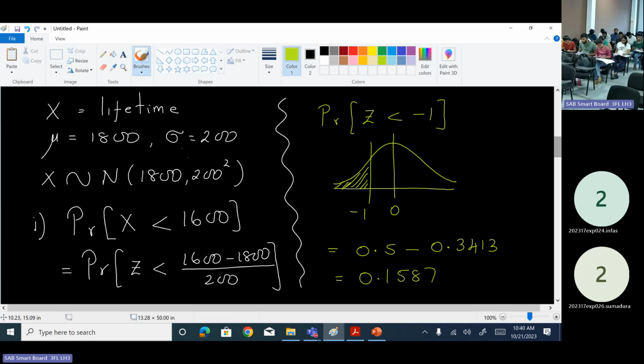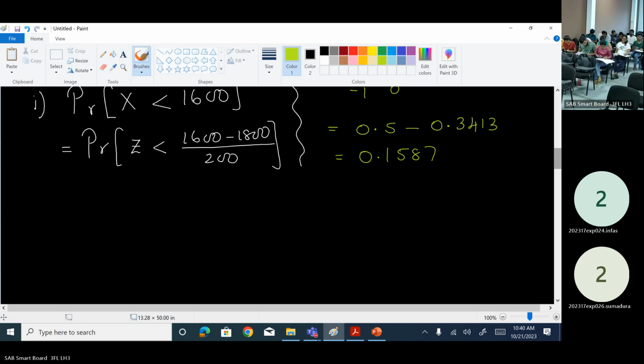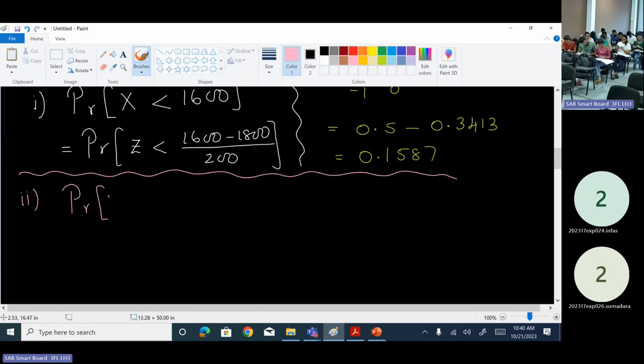So second part: it has a lifetime more than 1,750. Probability of lifetime more than 1,750.